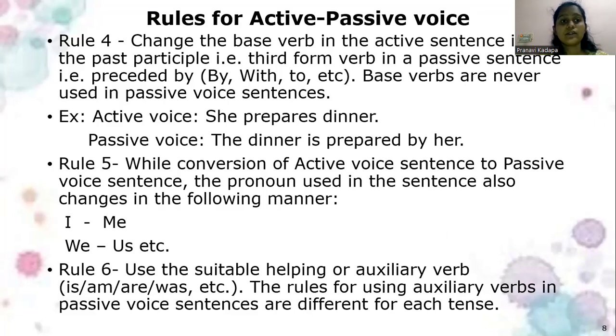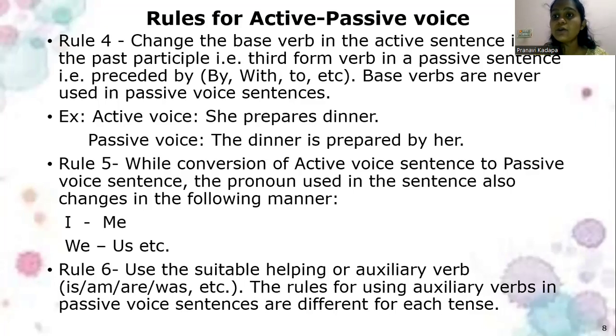Base verbs are used in passive voice sentences. Here we see the example, then you can understand the rule. Active voice: she prepares dinner. Passive voice: the dinner is prepared by her. We should see whether the verb is singular and whether it is past, present, or future.